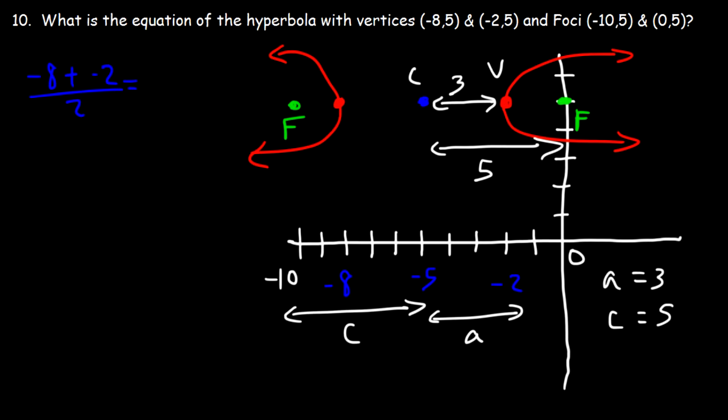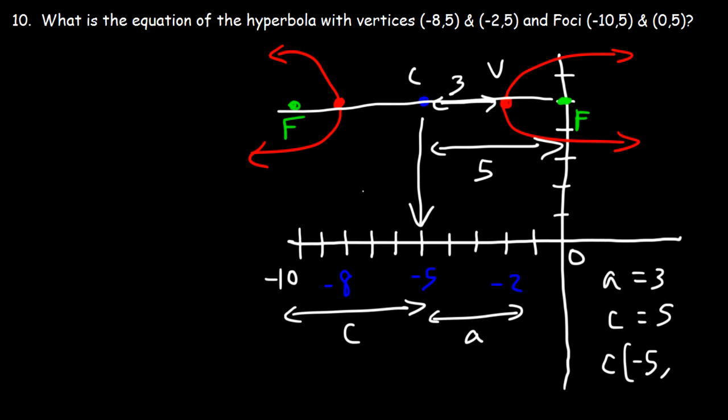The last thing that we need to do is find the coordinates of the center. And we could see what it's going to be. So we can see that it has an x value of negative 5, and the y value is the same as the y value of all the vertices and the foci, which all have a y value of 5. So the center is negative 5, 5.